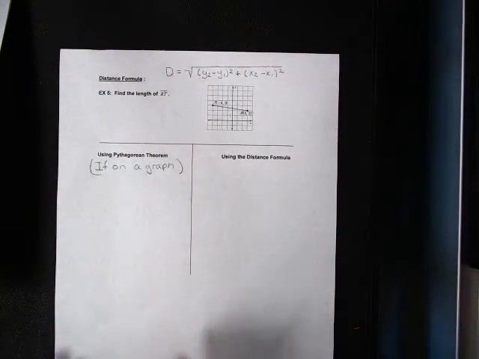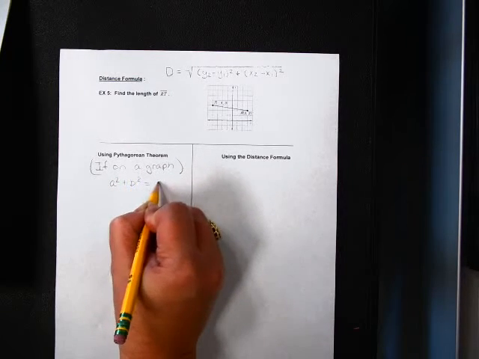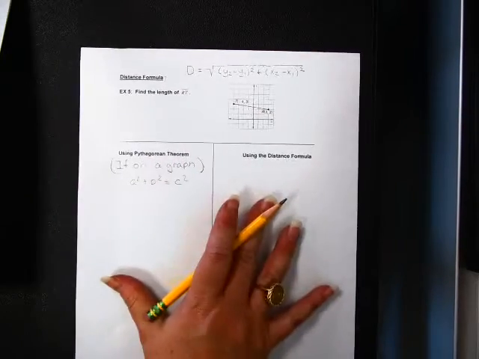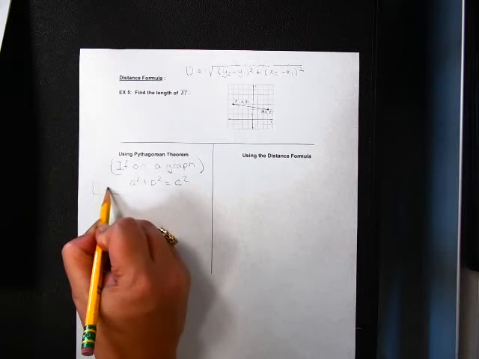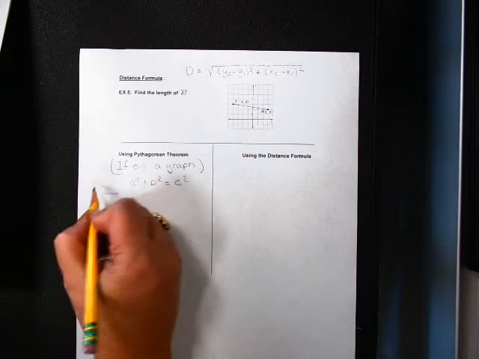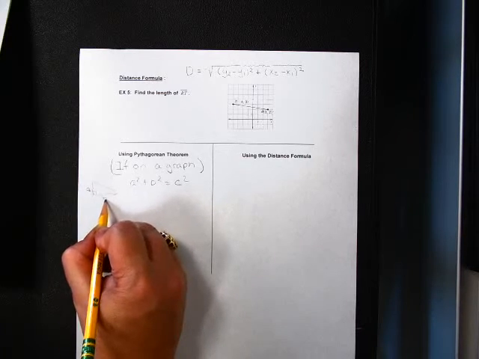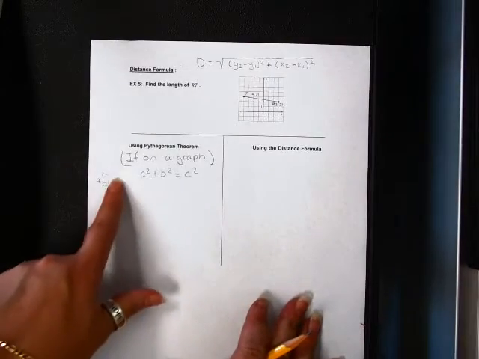And a lot of people remember the Pythagorean theorem as a squared plus b squared equals c squared. And remember, this only works for right triangles. So here, if I have this right triangle, where this is a right angle, then this leg squared plus this leg squared will equal the hypotenuse squared.